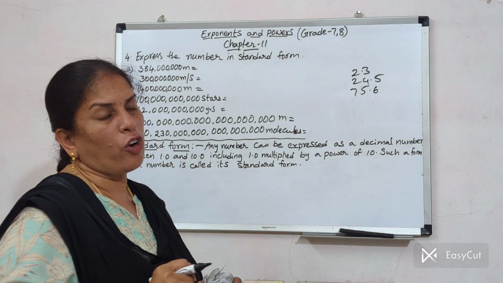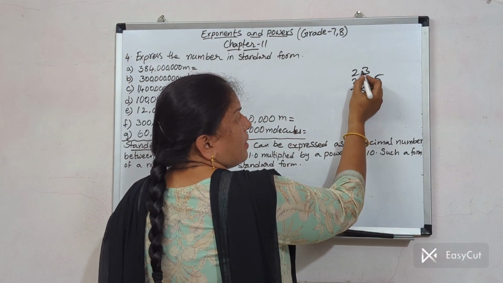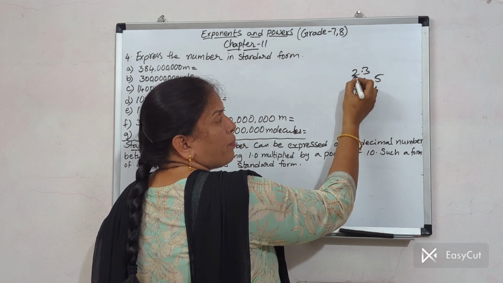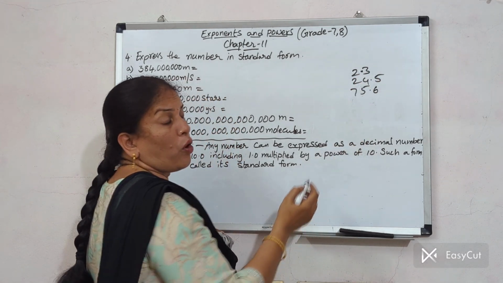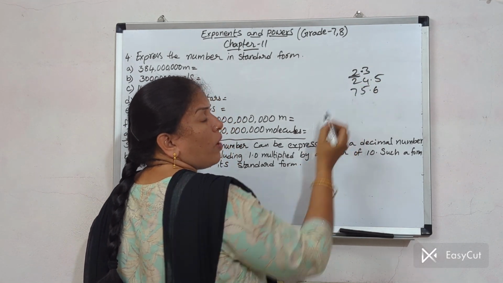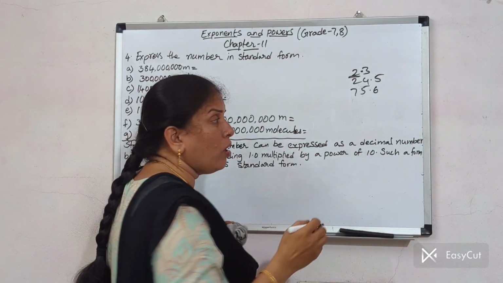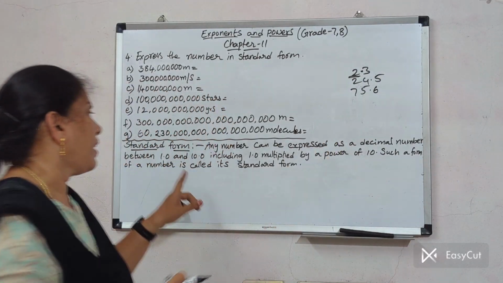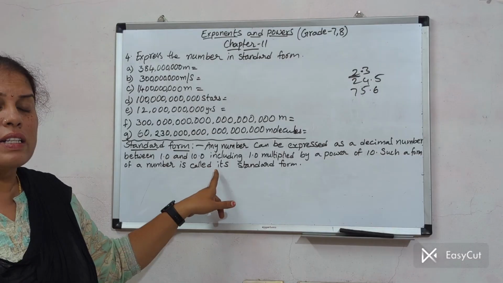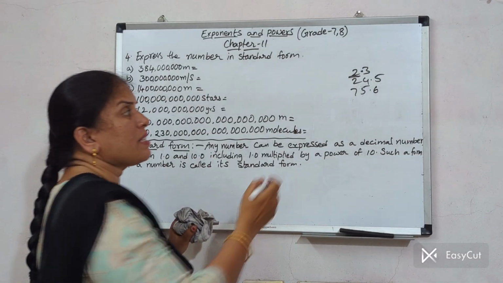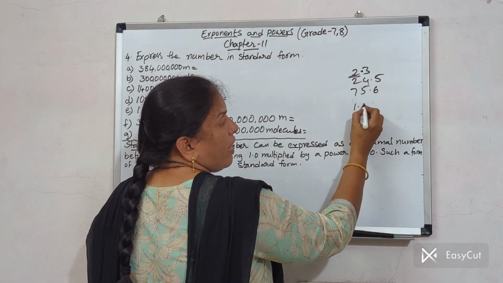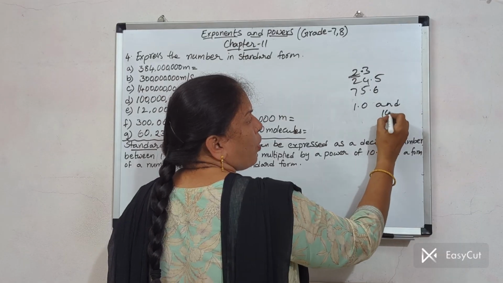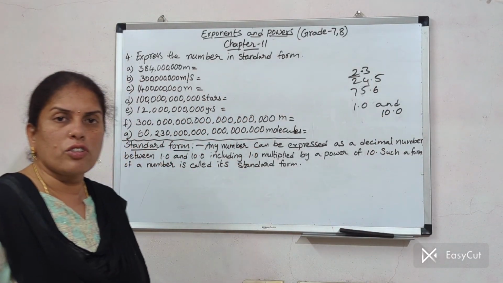What does standard form mean? Before the decimal point, only one digit must be there, and the number must be between 1.0 and 10.0. All of you understood, ma?